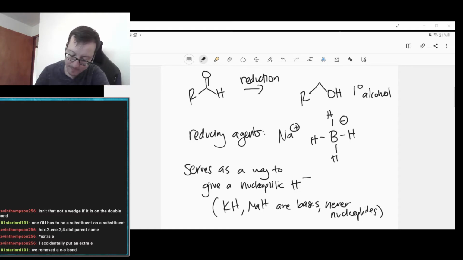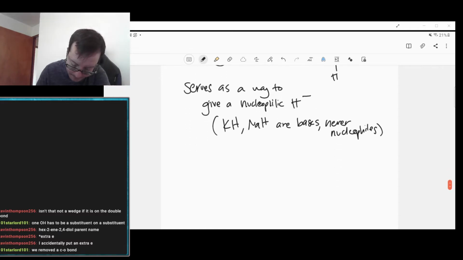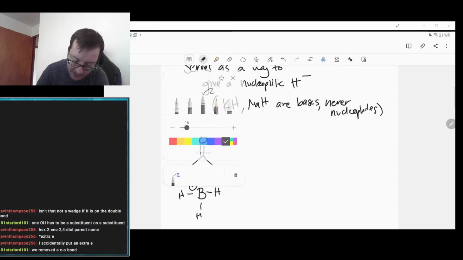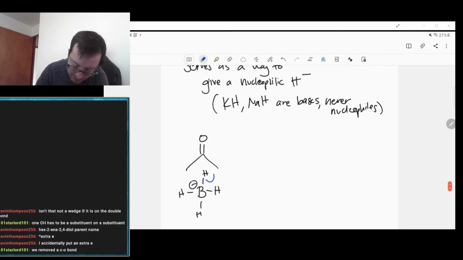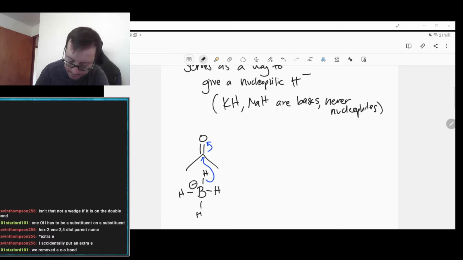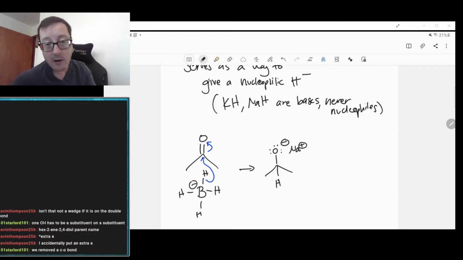How this looks is, let's take acetone. Take something nice and easy here. What actually happens is we're just going to end up having our hydride attack, pops open the carbonyl. So now we have our H there. We now just have an O minus, right?